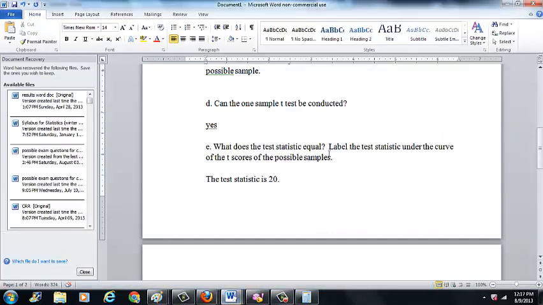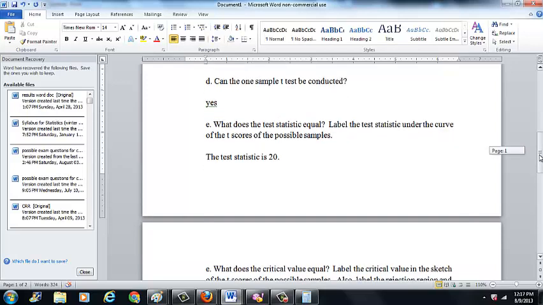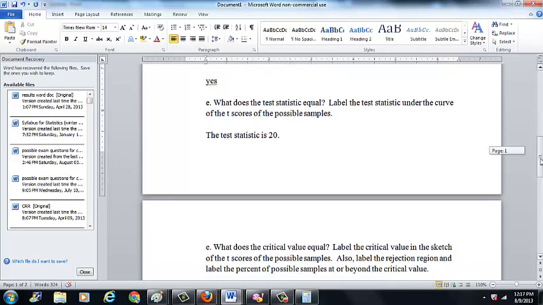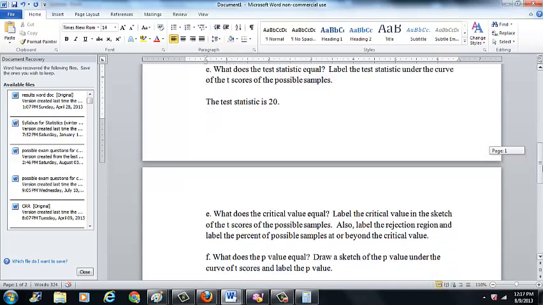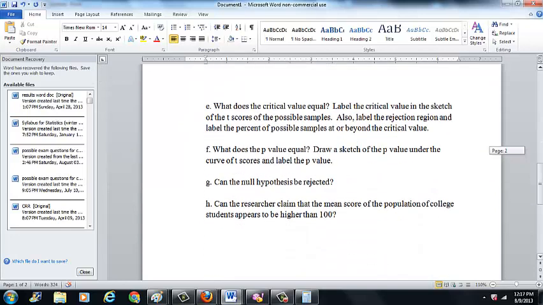So we found our test statistic. We've labeled it under the curve of the t-scores. We labeled 20. We're finished with part E.